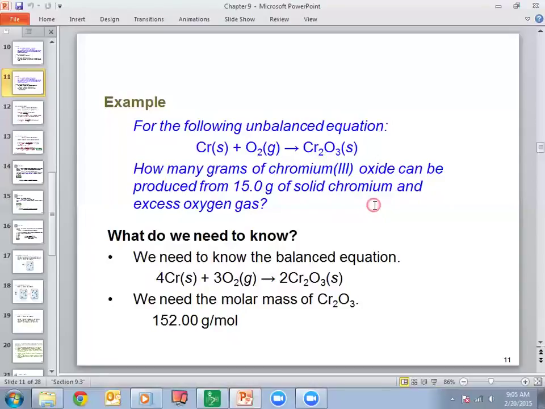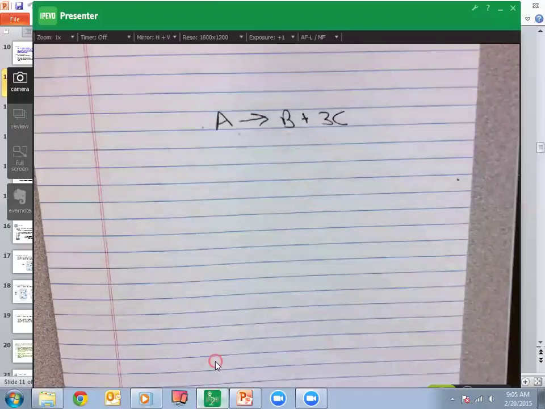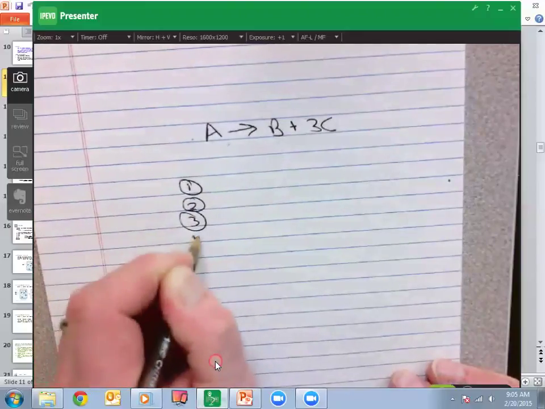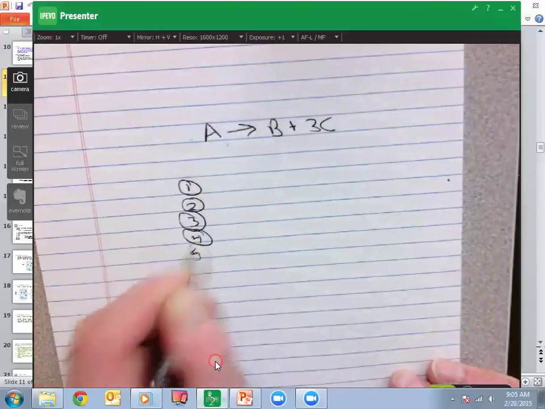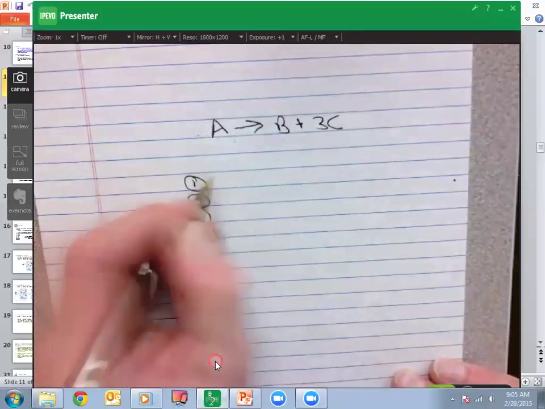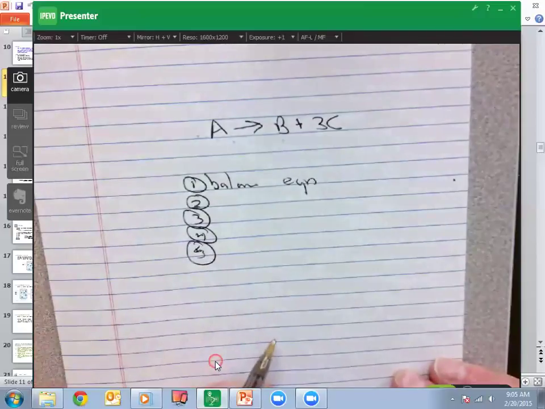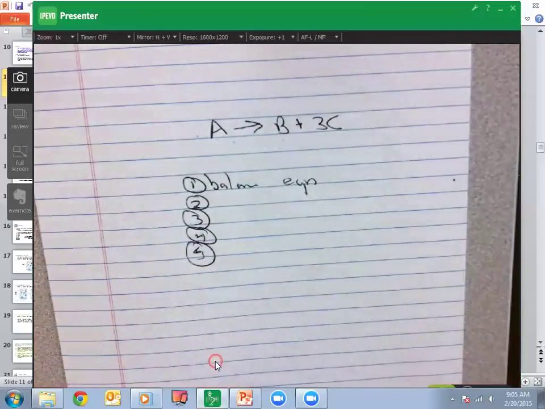The first thing that I would like to see is a series of steps. My personal habit is I'll circle a step. So the first thing would be balance the equation, for example. That's just what I do, but figure out your own way. I suggest you try it.